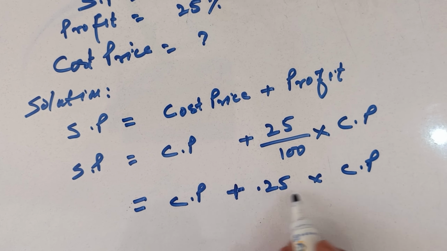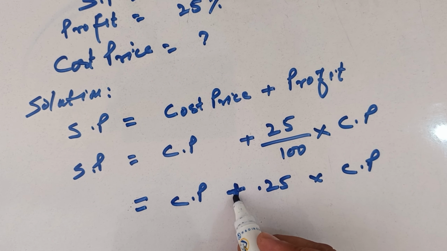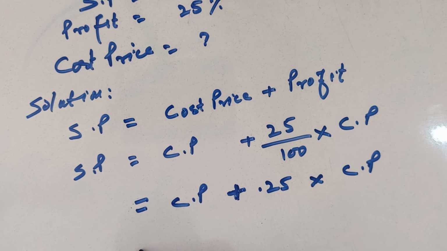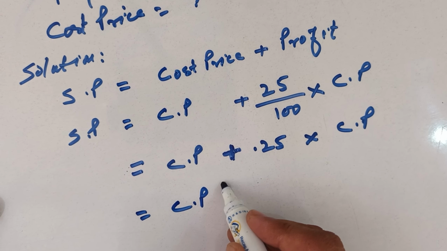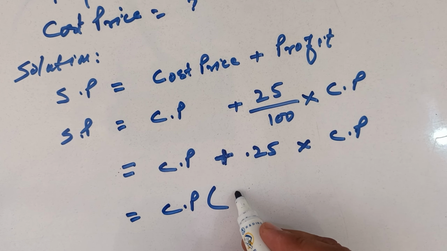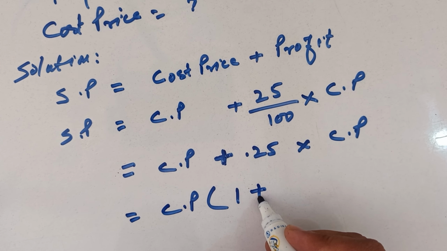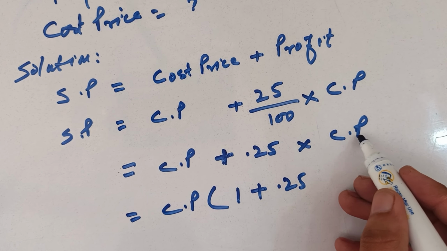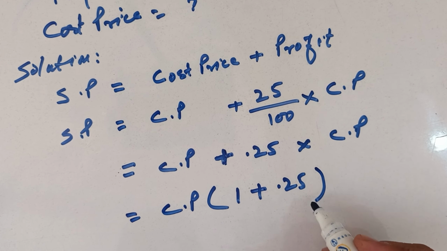So we have cost price 2 times, and there is the symbol of plus and multiply. We can take cost price as a common. So we will take cost price here outside the bracket, and in place of this cost price we will write 1, and we will write this plus 0.25, and yes, in place of this we have cost price outside the bracket.